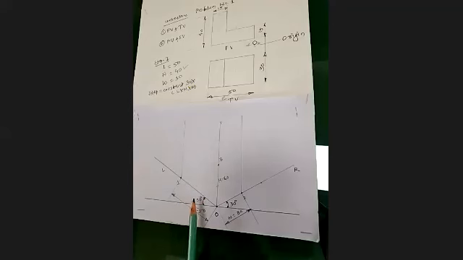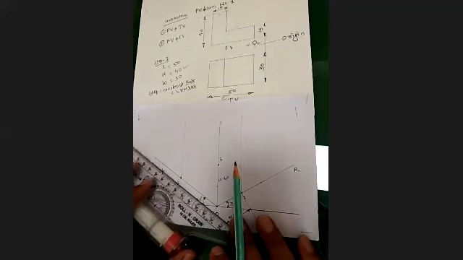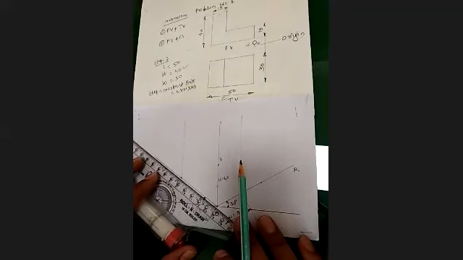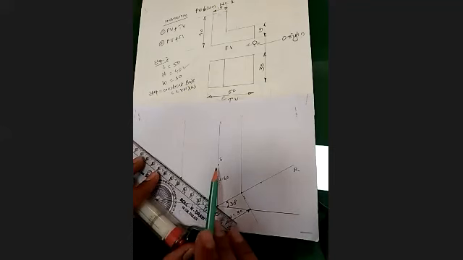Now the next step, you should adjust the edge with the left axis and get a line through point 3, parallel to the left axis through 3.